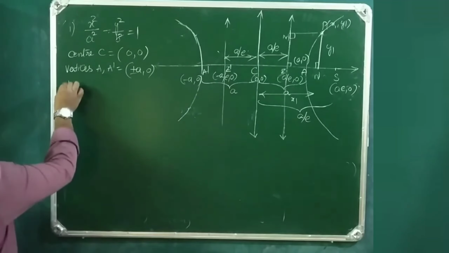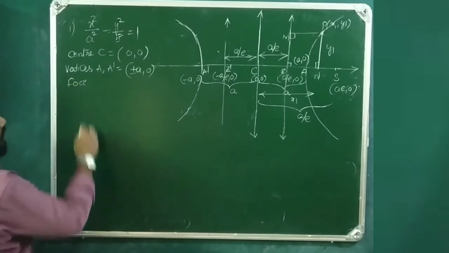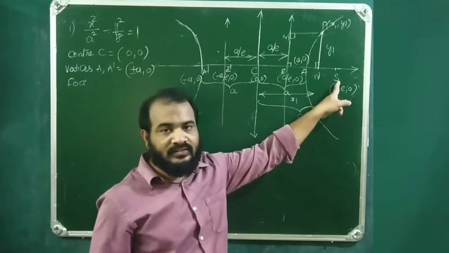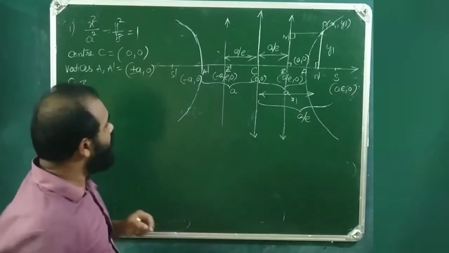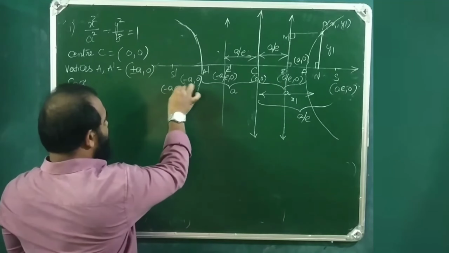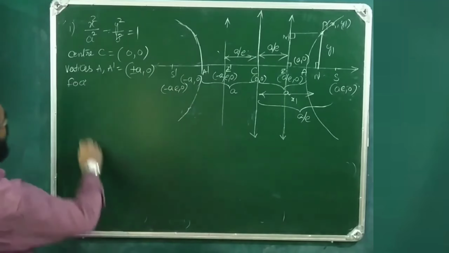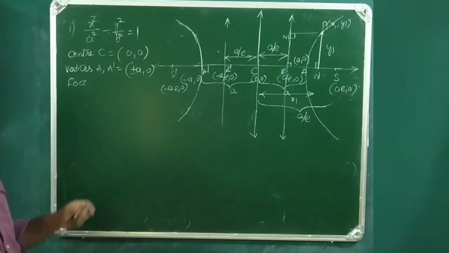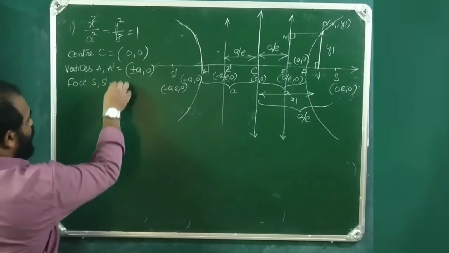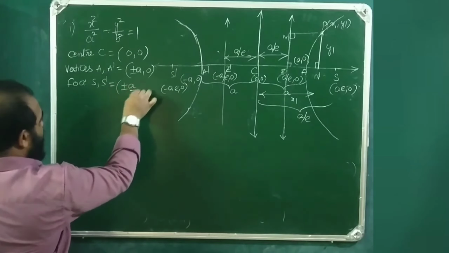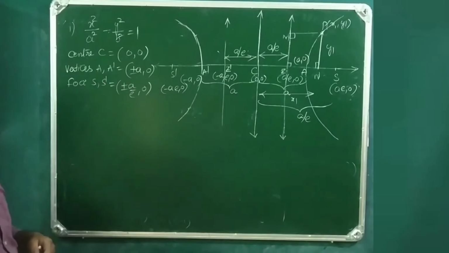Now for C, S is the focus and S dash is the second focus. So minus ae comma 0. So for the foci, S comma S dash is equal to plus or minus ae comma 0.